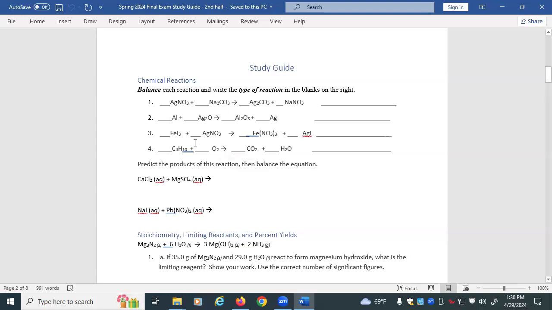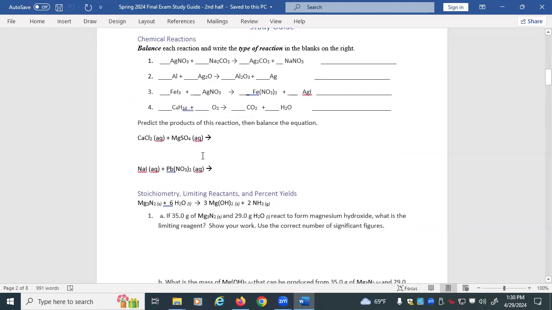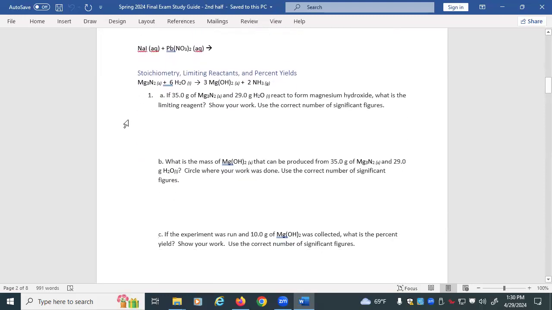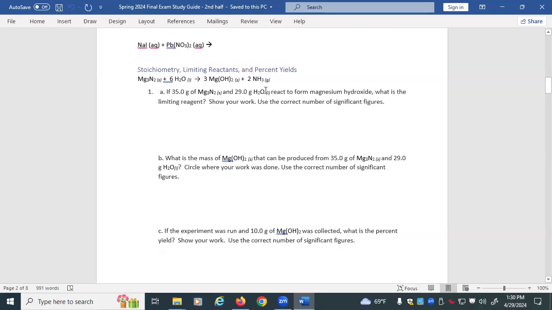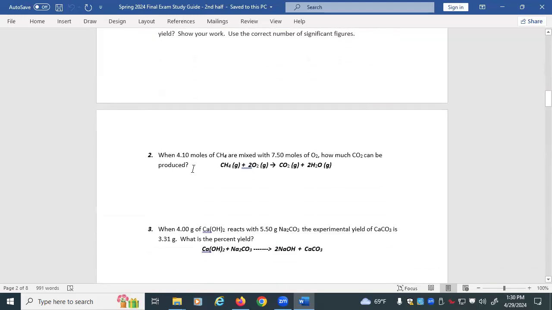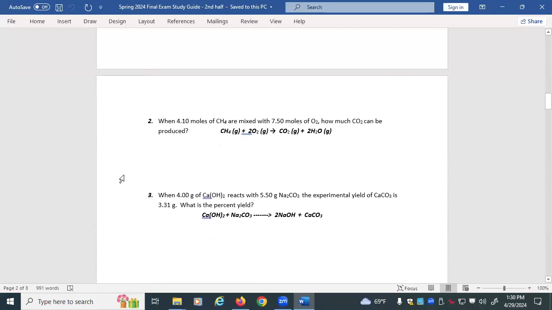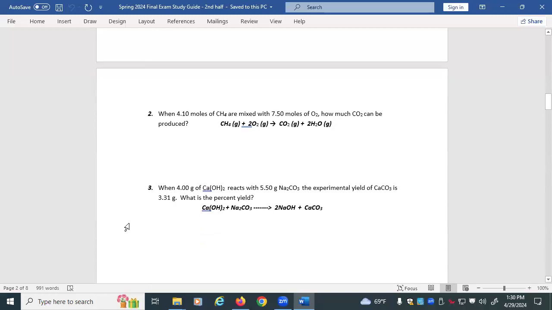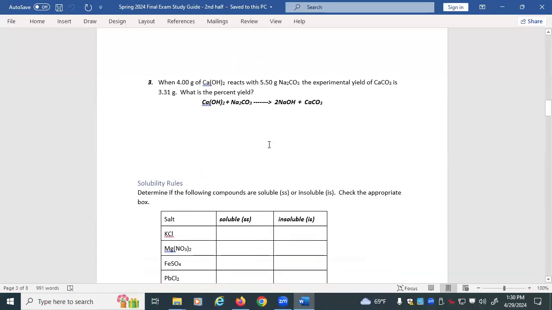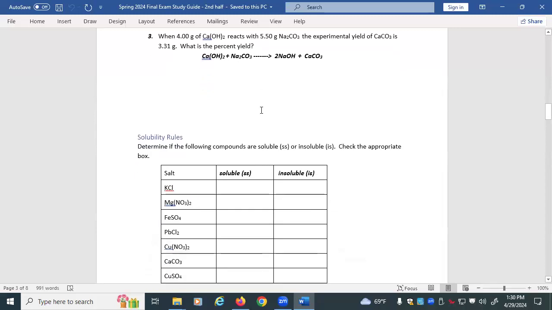But balancing equations, identifying them by type, predicting the products of double replacement reactions and doing the balancing of those, doing stoichiometry and percent yield kind of stuff, doing general stoichiometry stuff here without limiting reactants.